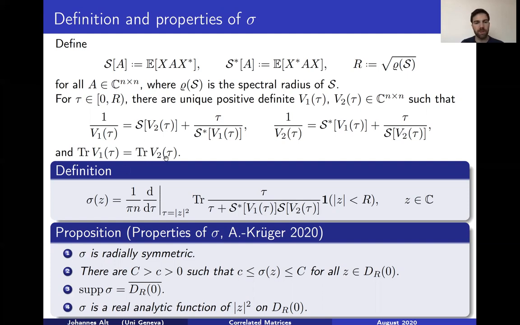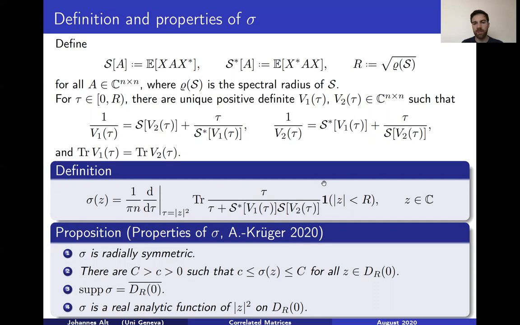Given V1 and V2, we can define sigma of any z in the complex plane by this formula here. And from this formula, we obtained the following properties. First of all, it's obvious that sigma is radially symmetric. With considerably more work, one can also prove that sigma has upper and lower bounds on the open disk of radius r in the complex plane.